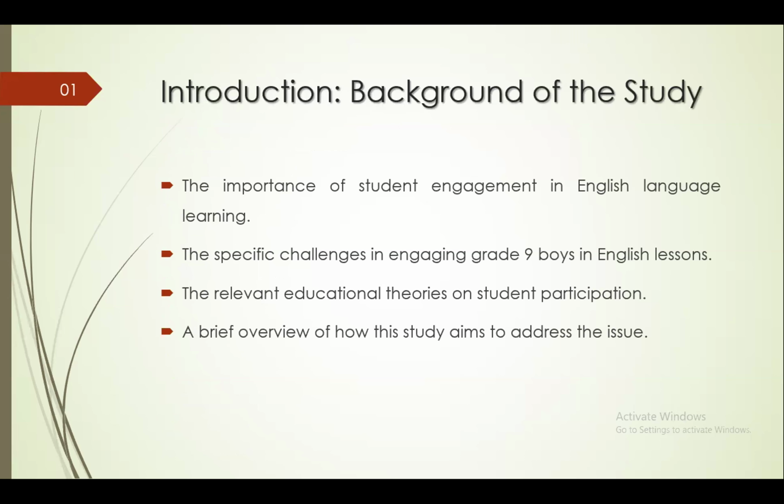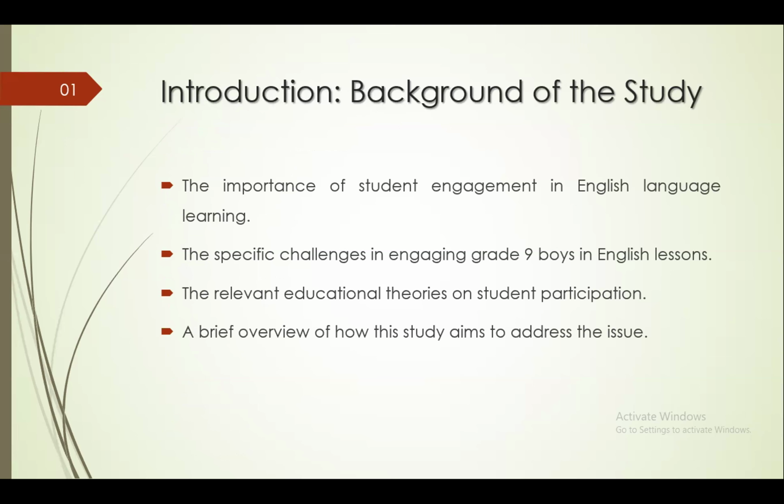Introduction. Active student engagement plays a crucial role in English language learning as it allows students to develop their speaking, listening, reading, and writing skills more effectively. When students actively participate in lesson, they gain confidence, improve their comprehension, and become more motivated to use English in real life situations.